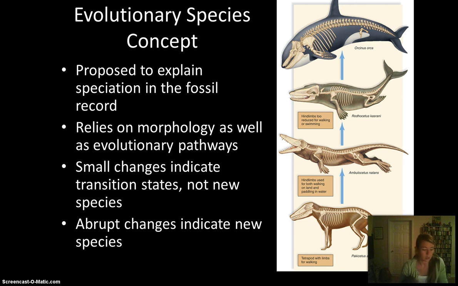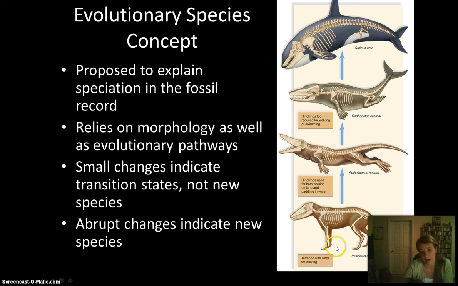So this example is from page 310 in your textbook, and it's of the orca whale, the toothed whale. And your textbook says that the species depicted in this figure are part of the evolutionary history of the orca whale. These species can be recognized individually by the differences in diagnostic traits.